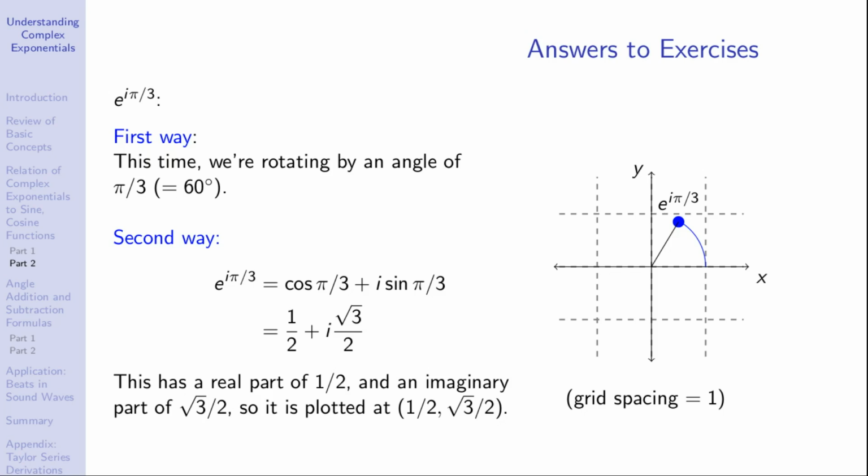And the second way: e to the I pi over 3 is equal to the cosine of pi over 3 plus I times the sine of pi over 3. That equals 1/2 plus I, the square root of 3 over 2. This has a real part of 1/2 and an imaginary part of the square root of 3 over 2, so it is plotted at 1/2, square root of 3 over 2.